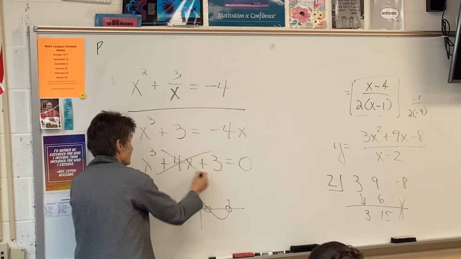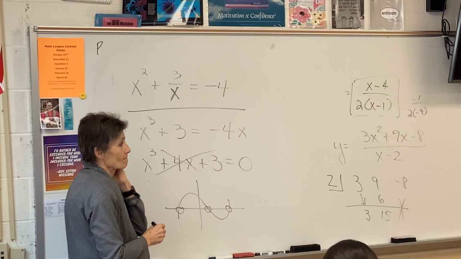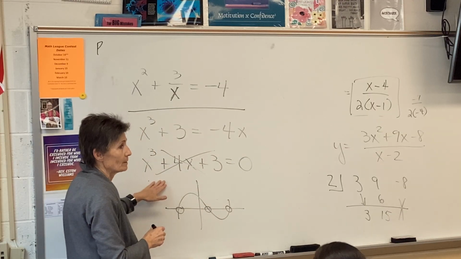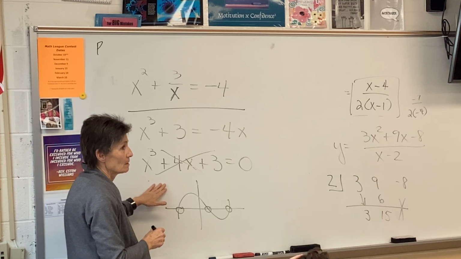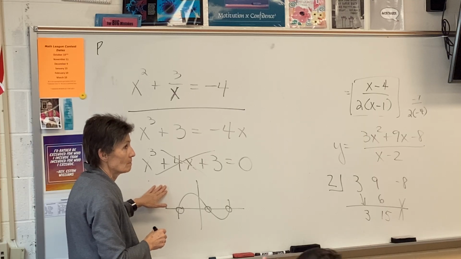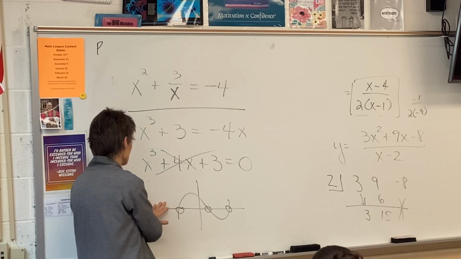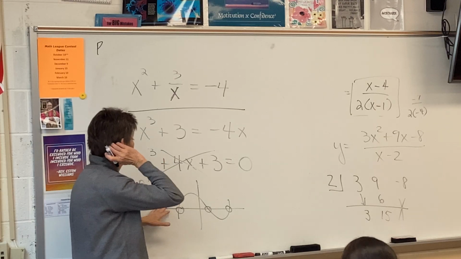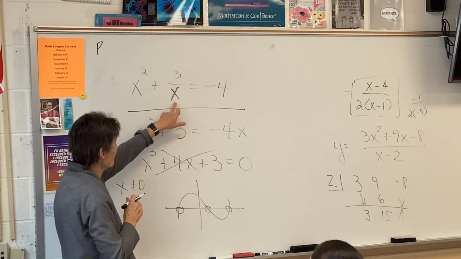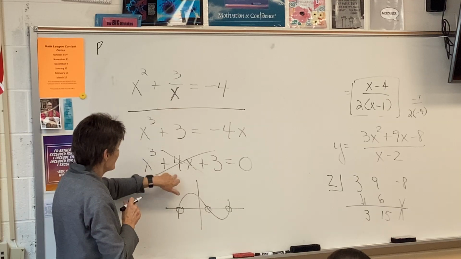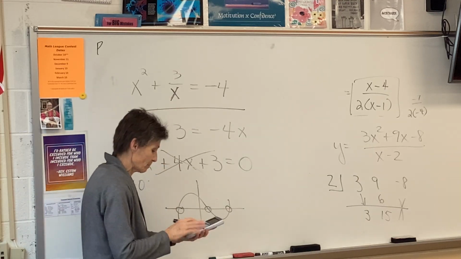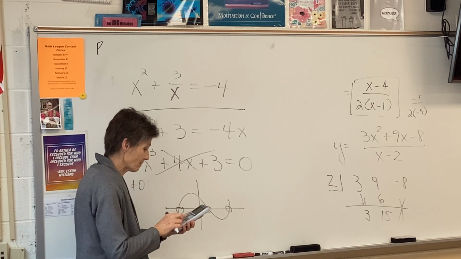Don't use this because that isn't going to give you the whole picture. I guess you could use this as long as you understand x can't be 0. So I guess it's okay, but you have to remember you have an asymptote there. So let's go ahead and graph that.